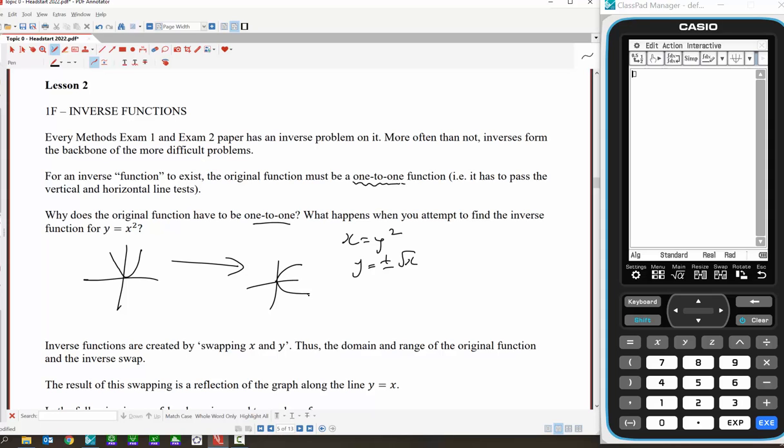So to make it an inverse function, it has to be 1 to 1, and that is that one of these parts, either the top half or the bottom half, needs to go so that it can be a function when it's inverted.